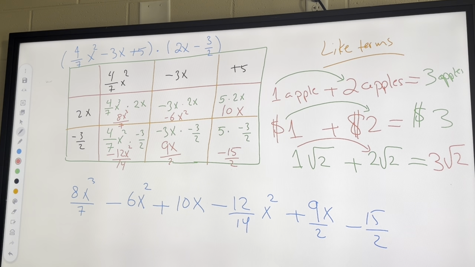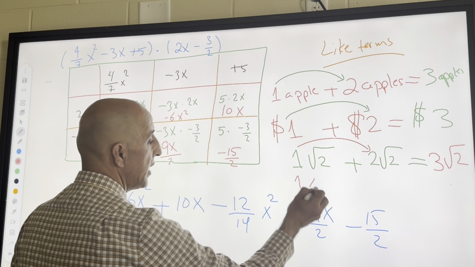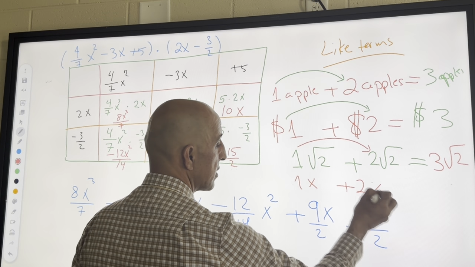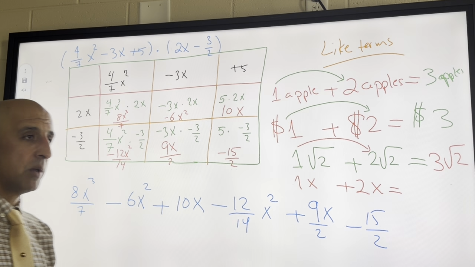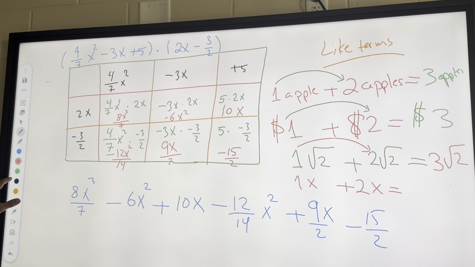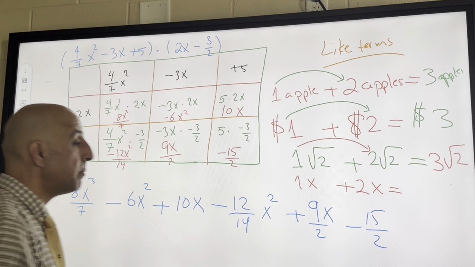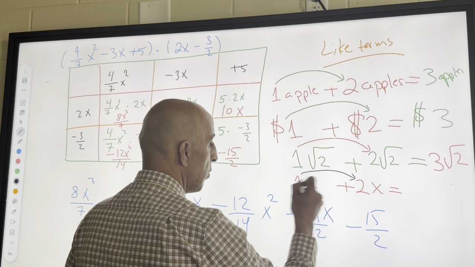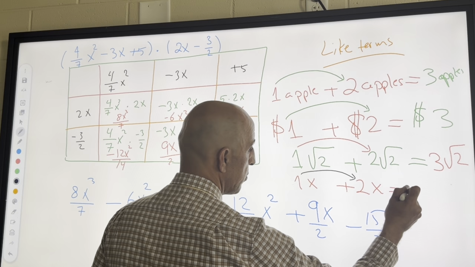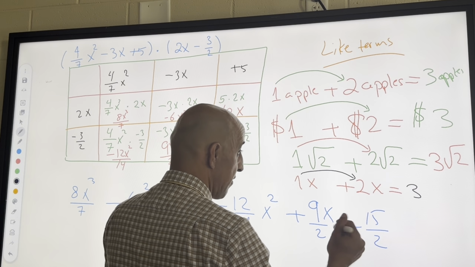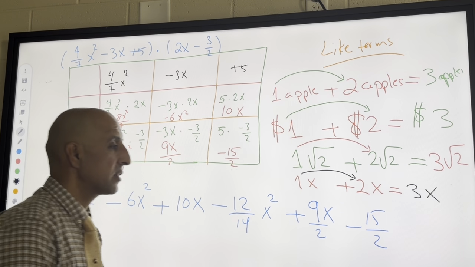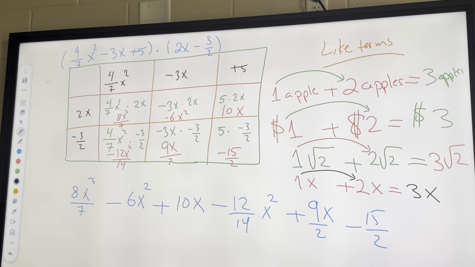The same thing if you have 1x plus 2x. What do you think the answer will be? 1 plus 2 is 3, and we have just x, so the answer will be 3x.